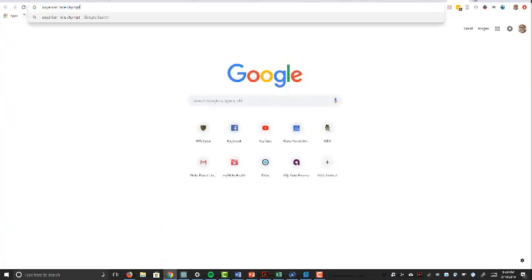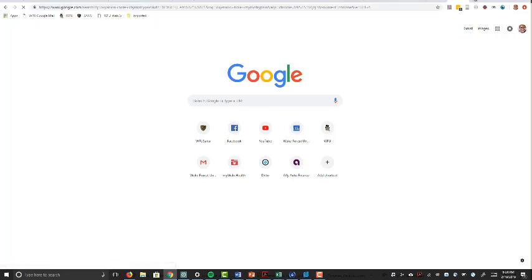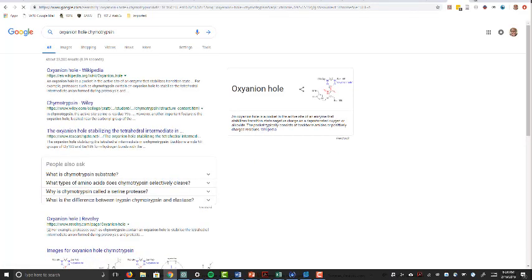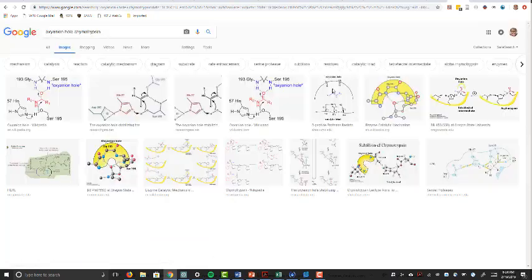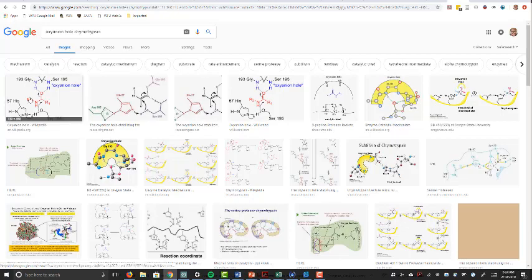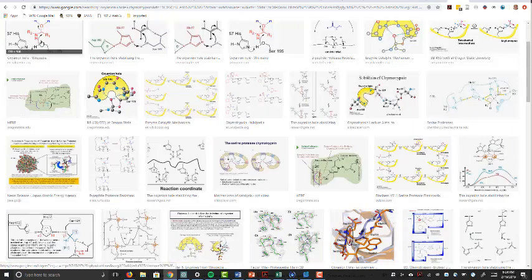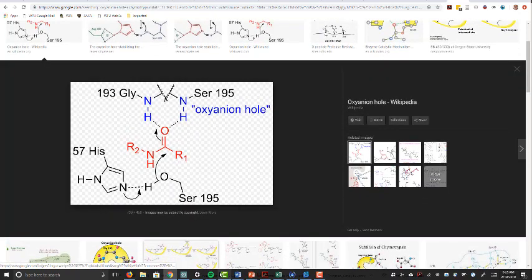All right, let's look up at a picture. Here we go. So if we look at the active site of chymotrypsin, this is the first step of the reaction where the serine is making a nucleophilic attack on that carbonyl carbon, even though it looks like it's attacking that bond there, it's not.